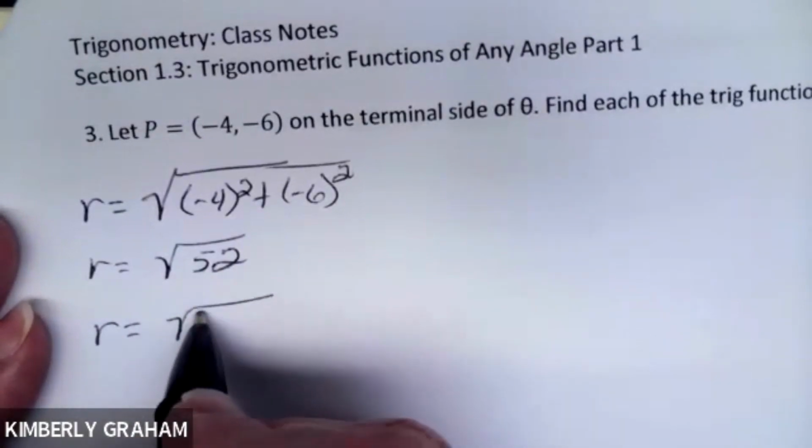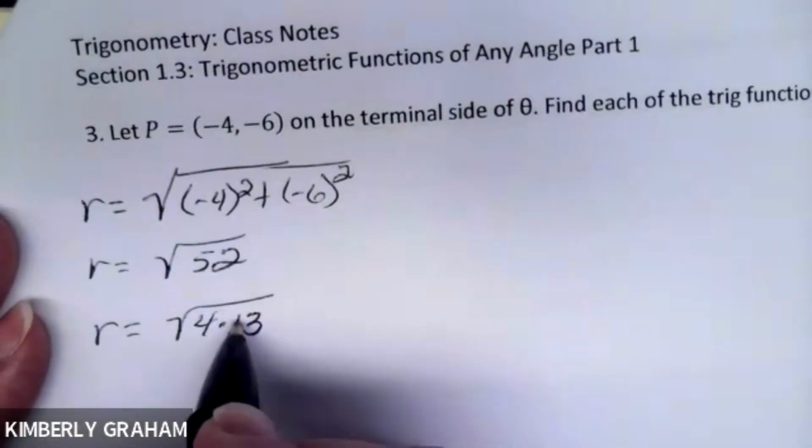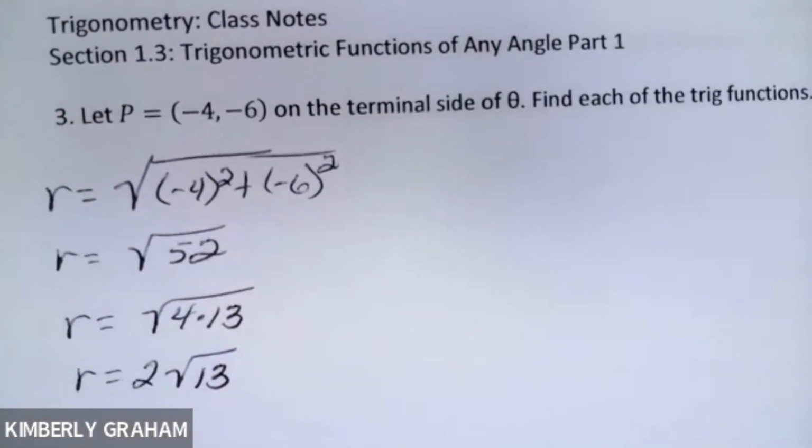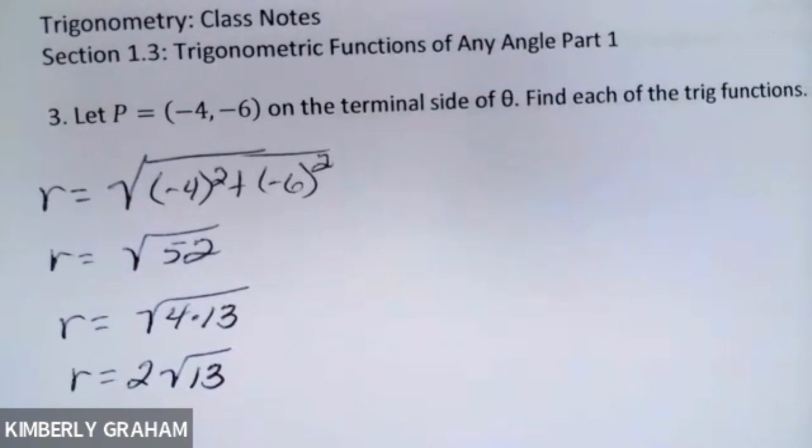So we're going to break this down into 4 times 13, square root of 4 is 2. So you have 2 times the square root of 13 for R. Any questions on how you figured out what R is? In your final answer, yeah.